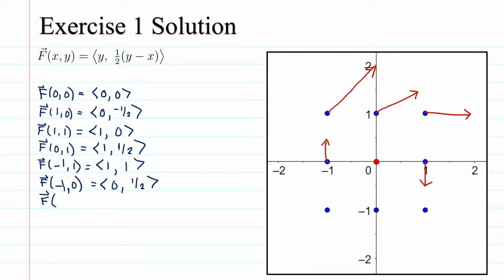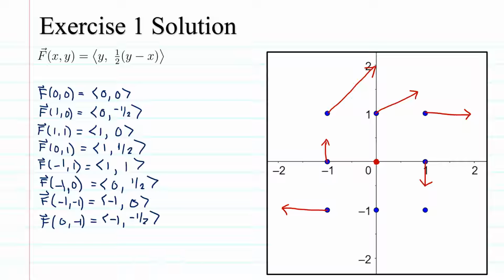Next, f of negative 1, negative 1 is negative 1, 0. So negative 1, 0, that points to the left. Next, f of 0, negative 1 is negative 1, negative 1/2. So, ano yun? To the left, nakababa.